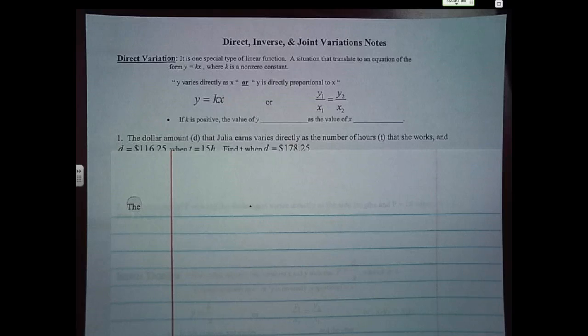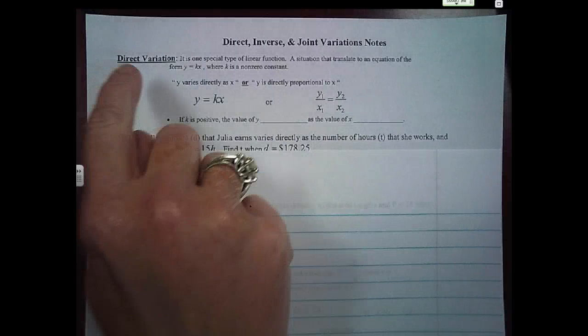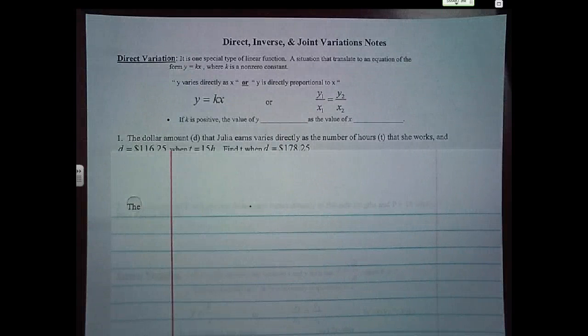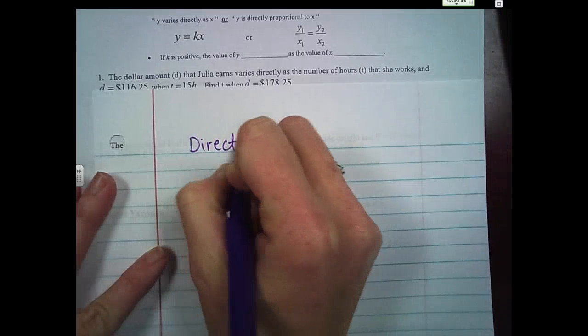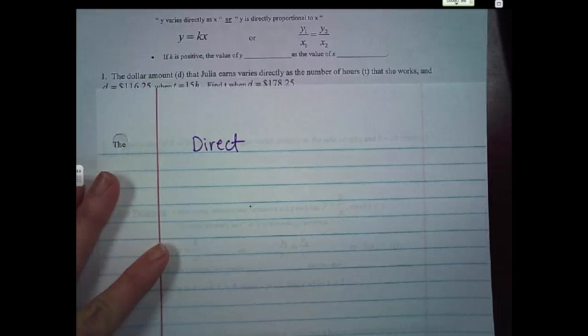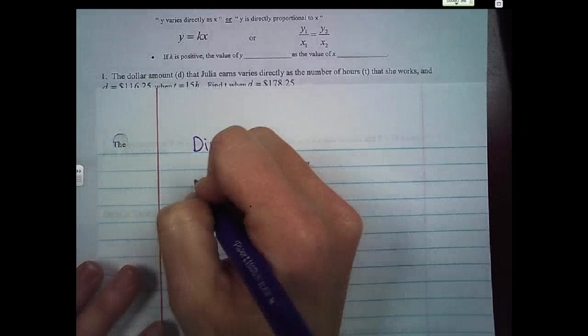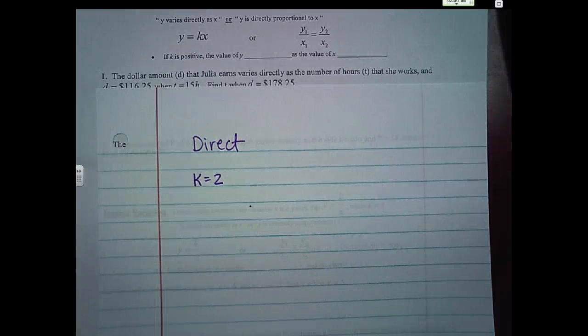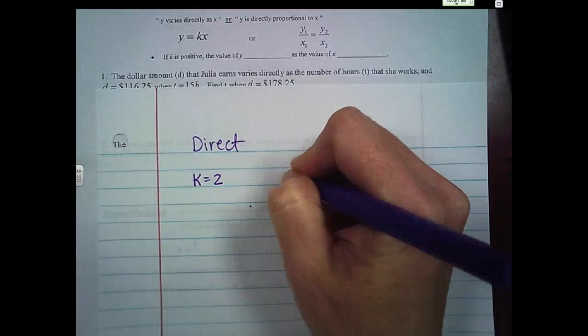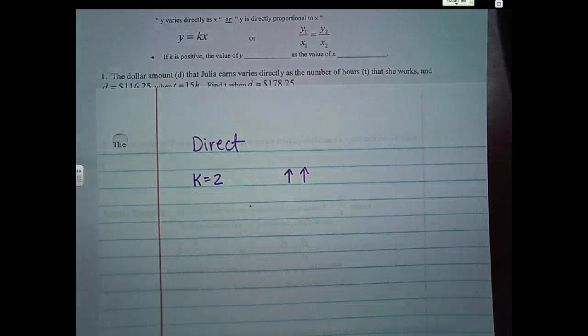The first thing I'm just going to talk about is something called a direct variation. And basically, if I tell you something is directly related, they're going to be related in a way. For example, I'm going to tell you k equals 2. In other words, the relationship is 2, right? Now, when things are directly related, as one thing goes up, the other one also goes up, okay?